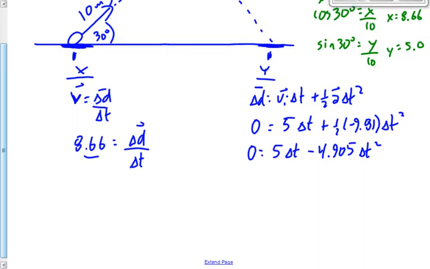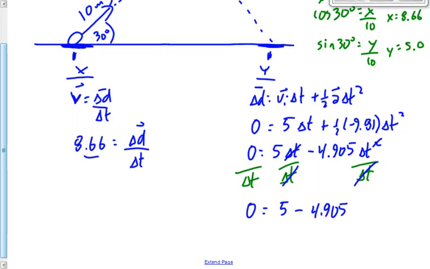It's more convenient, yes, to divide everything by t. Zero divided by t is 0. 5t divided by t is 5. 4.905 t squared divided by t is 4.905 t. Well, now it looks a lot simpler, right?